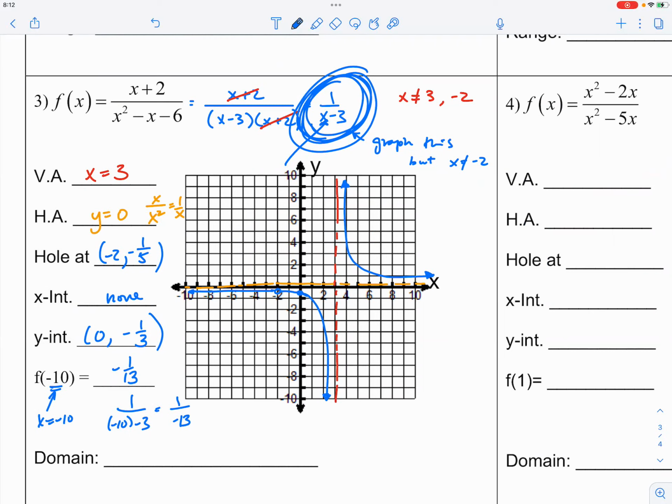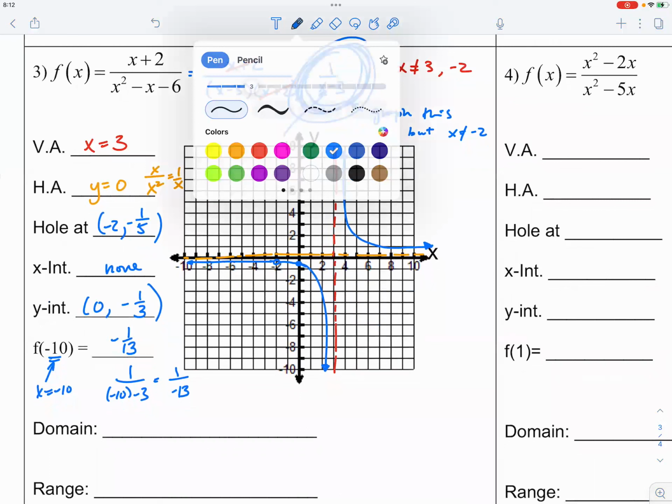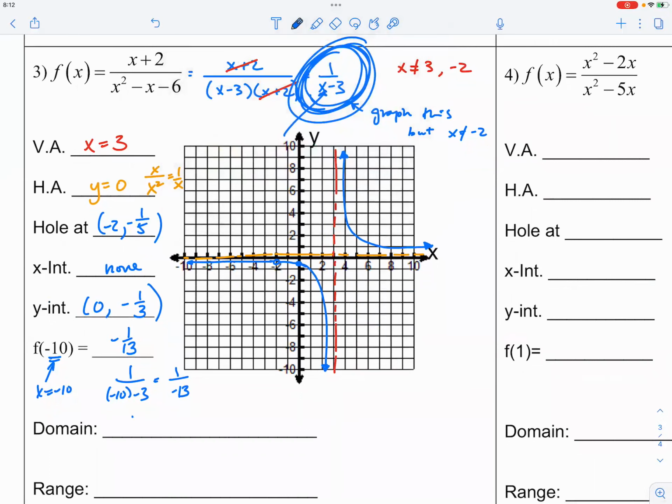Now, the domain, this is the part. You will still take the restriction into account when you think about the domain. So x could be anything but 3 and negative 2. So the domain is going to be from negative infinity to negative 2, from negative 2 to 3, and then 3 to infinity.